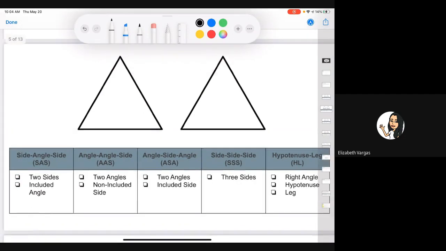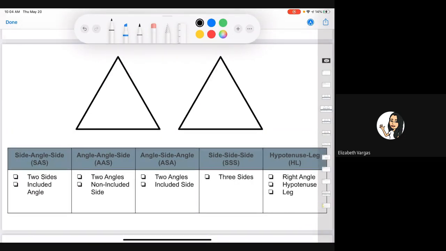Okay. Now we're going to look at the angle angle side theorem. It basically says we need two angles and then a non-included side. I know I need a non-included side because that S is on the outside. It's not on the inside. If it was on the inside like this A, then I would know I need the included side. But because it's on the outside, I just need any side. It doesn't have to be my included side.